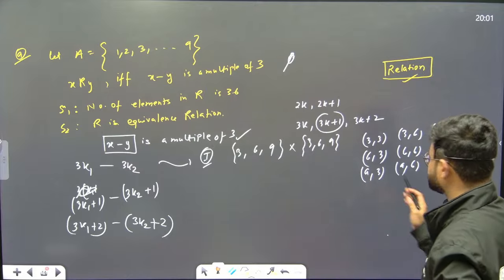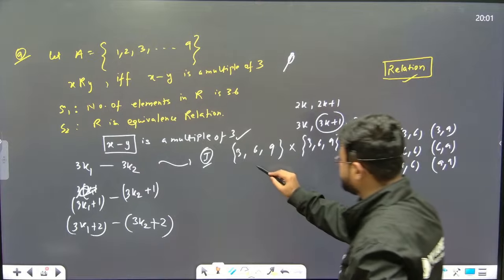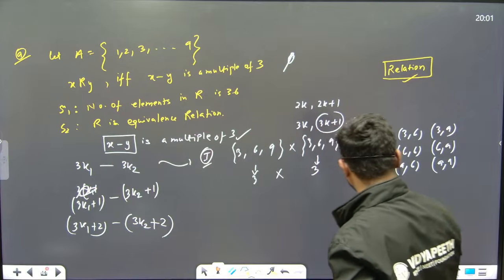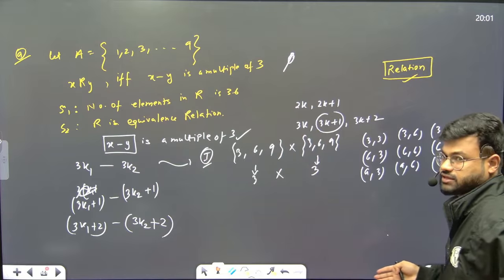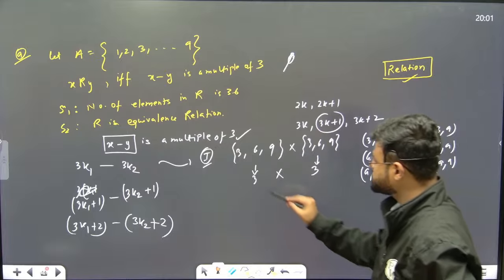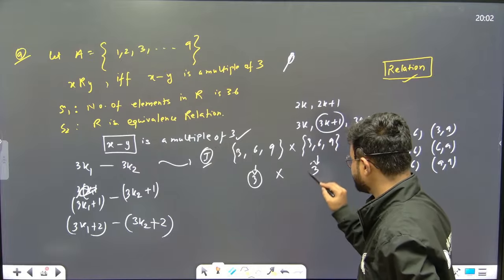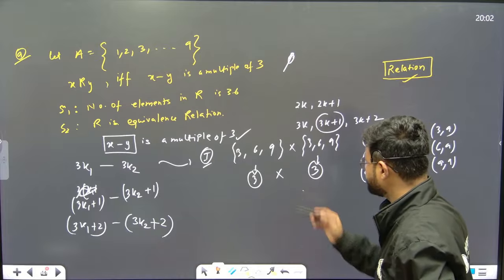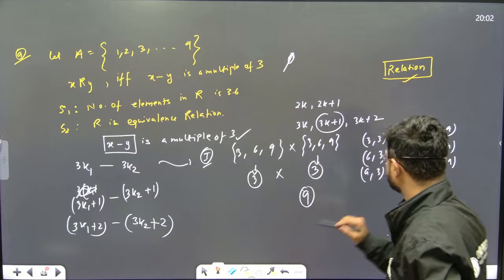So how many elements are there? You can see there are 3 elements, and here also 3 elements. So again you should not write down all the cases, that is the important point. Here you have to use again some logic to arrive at the answer. So 3 elements, 3 elements, so total number of elements is going to be 9.